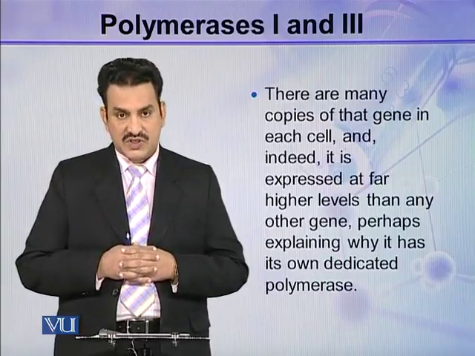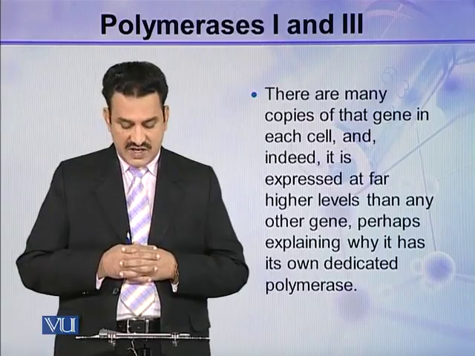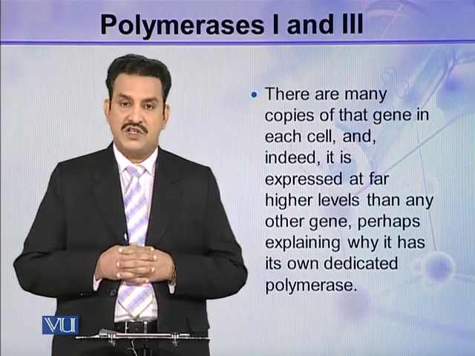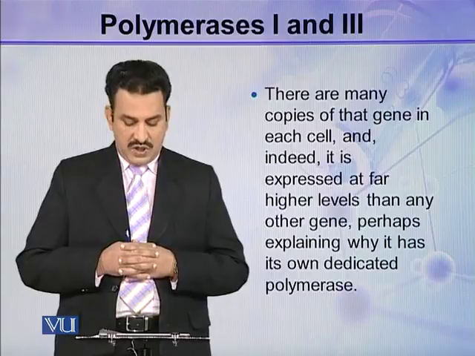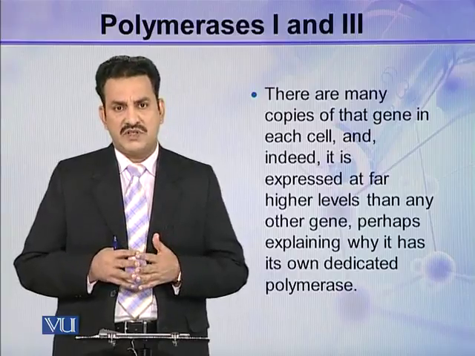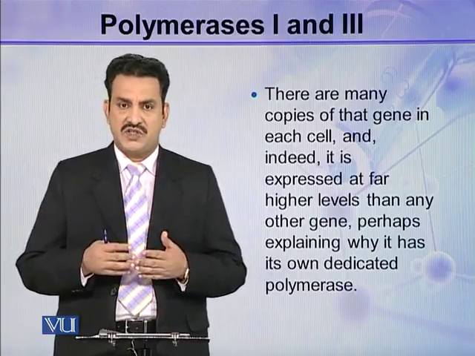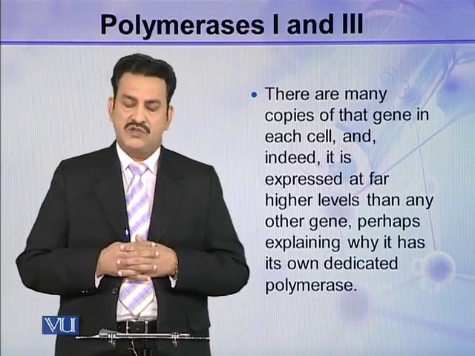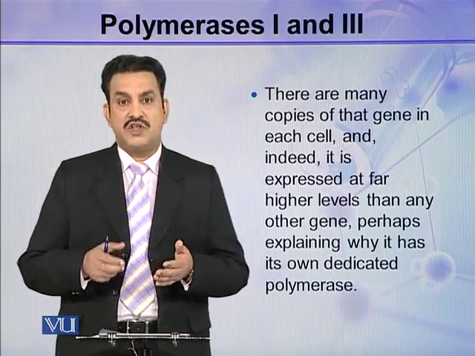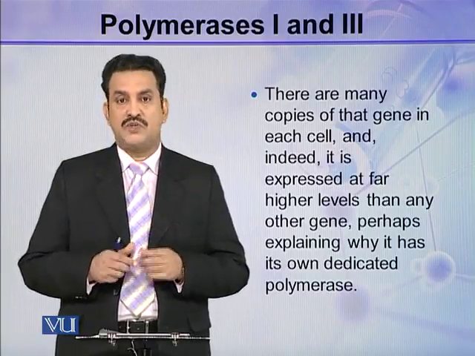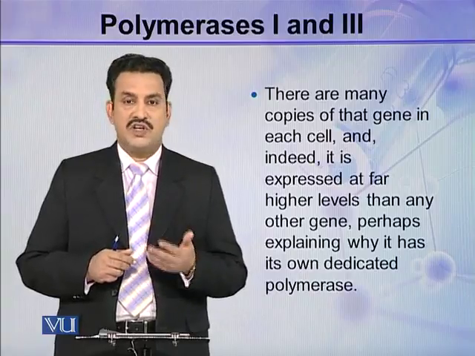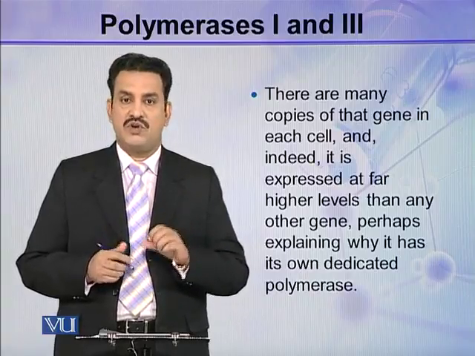So perhaps this explains why it has its own dedicated polymerase. As it has many copies and it is expressed at a very high rate, it has its own dedicated polymerase that will only transcribe this particular gene.